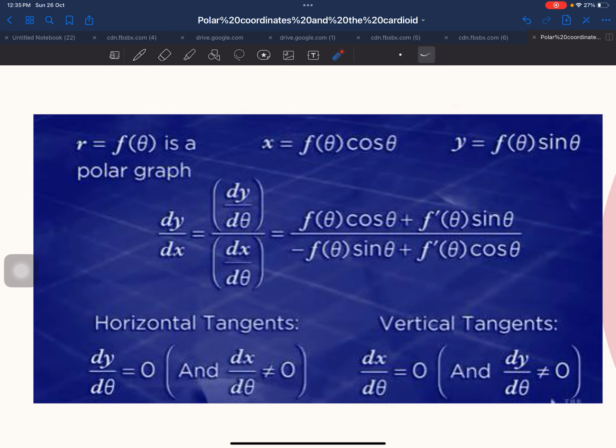So it's the first times the derivative of cosine, which is negative sine theta, plus the second times the derivative of the first, f prime of theta. Okay? So when do we have a horizontal tangent? When the derivative with respect to theta of y is 0, and a vertical tangent if dx with respect to theta is 0.